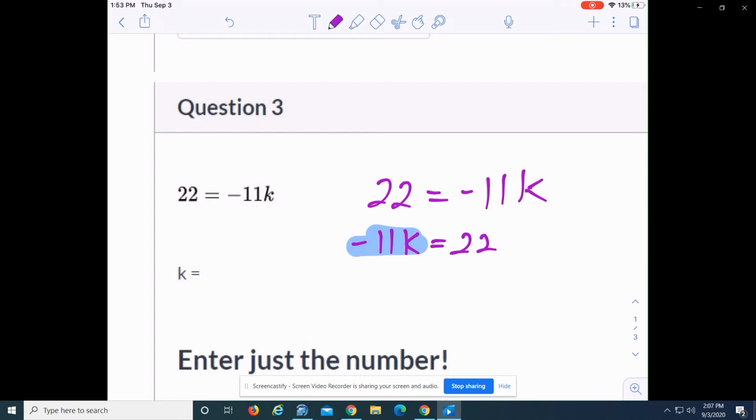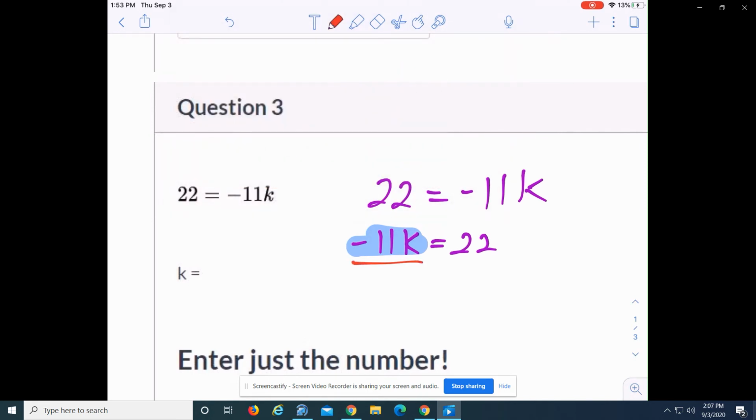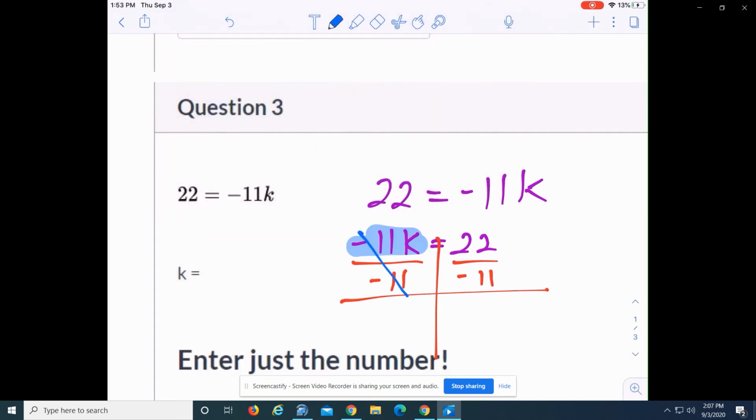Well, I'm going to do the inverse operation, which means that I'm going to divide by negative 11. And I'm going to do it on both sides of the equal sign. Divide by negative 11. And so what ultimately happens is these will cancel out. You're left with k. And then 22 divided by negative 11 is actually just negative 2.